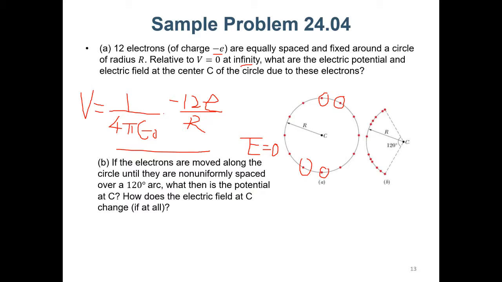For B, if the electrons are moved along the circle until they are non-uniformly spaced over a 120-degree arc, what then is the potential at C? The potential is actually the same, because they are just scalar summing.